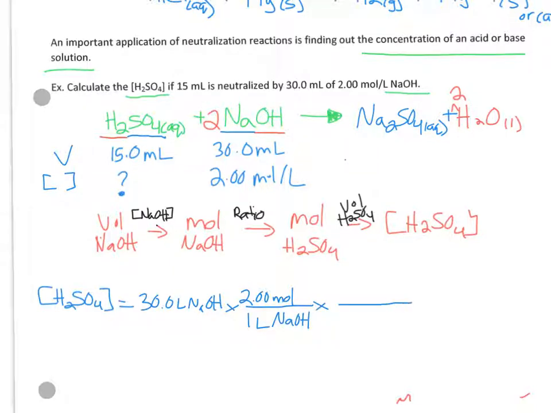Going to throw our ratio in there. So right now we have moles of NaOH on the top, and up here we have 2 moles of NaOH. So we put that 2 moles of NaOH on the bottom, and it's reacting with 1 mole of sulfuric acid.